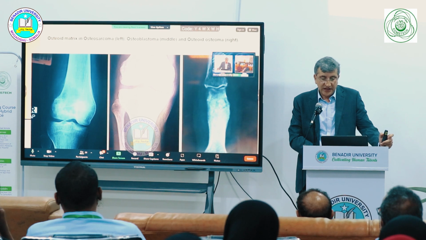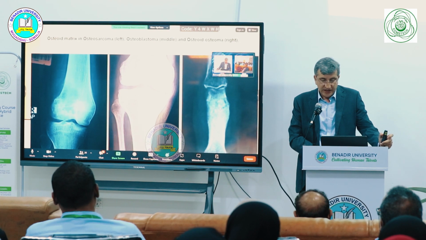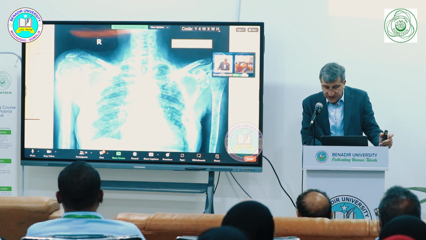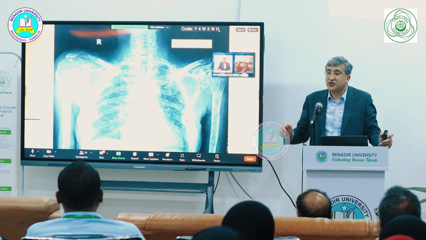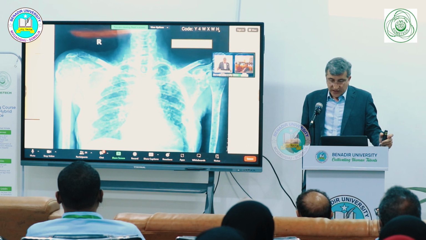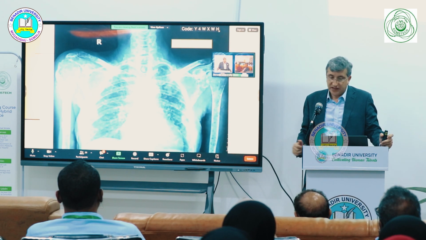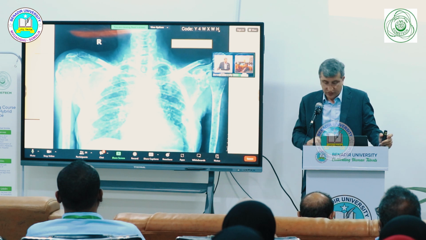Certain lesions are multiple. Here you can see multiple punch out lytic lesions in the metaphysis and diaphysis of bilateral humerus and clavicles, in this case of multiple myeloma.